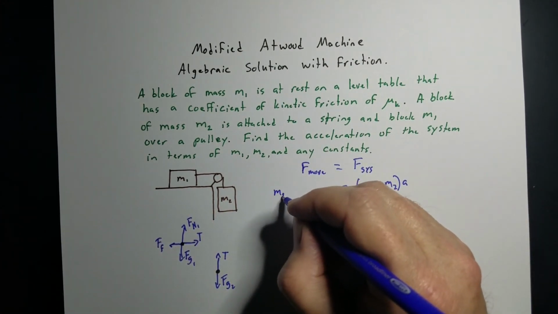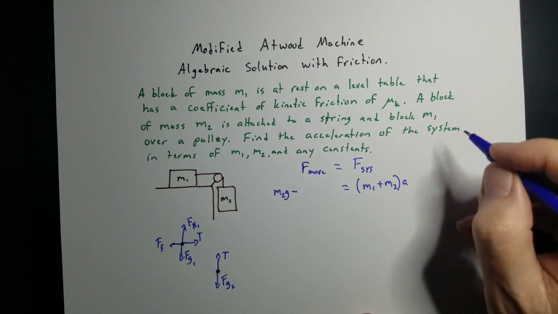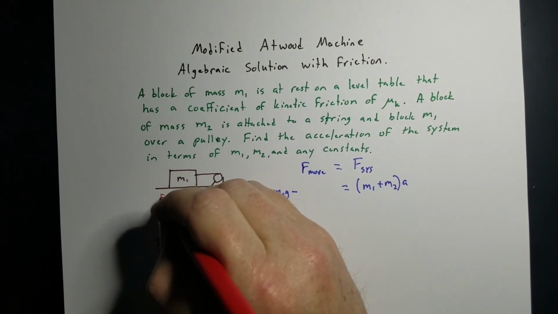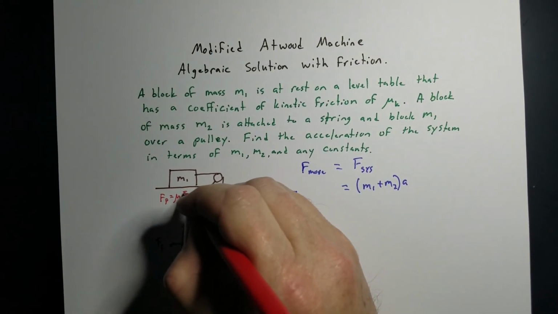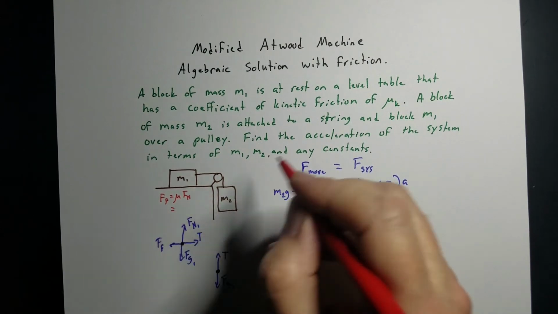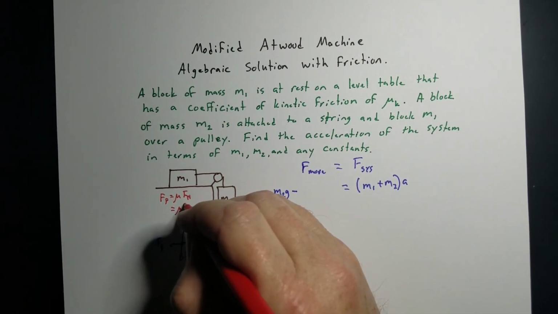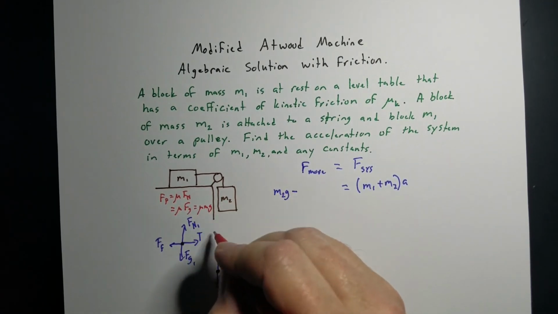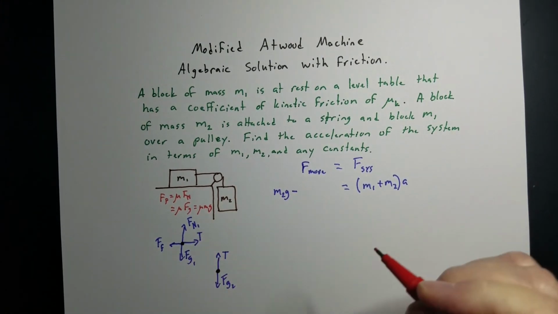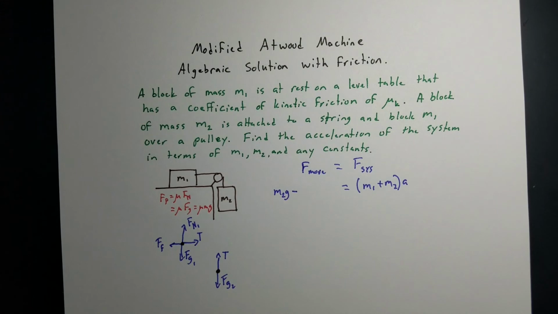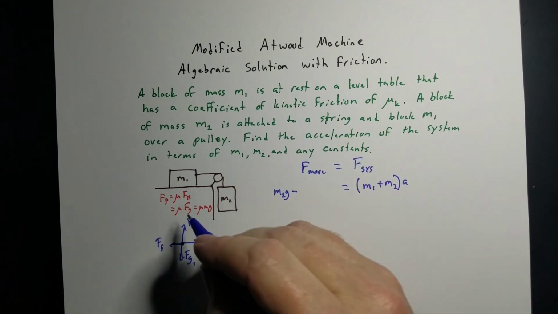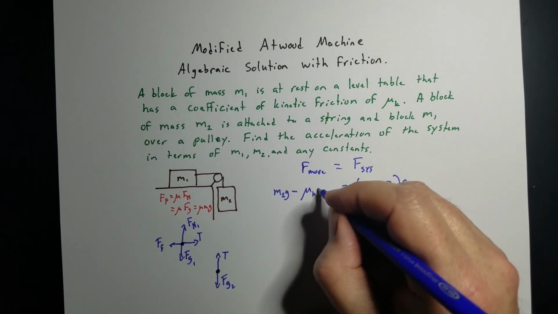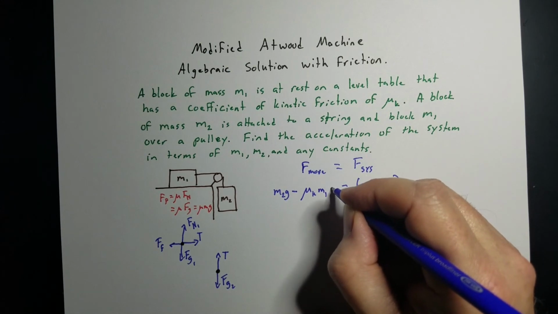So we have M2G minus the force of friction, which is mu times the normal force, which if we're on a flat level table is equal to the weight of that. So mu M1G. That's really small, but hopefully you can see that. So for this one, we pull that over, mu K, because it's kinetic friction, times the mass of that top block times gravity.